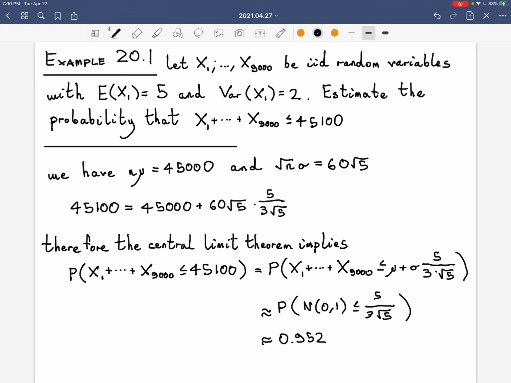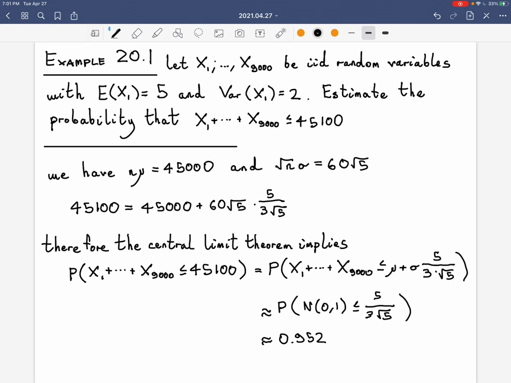Okay, so we can see this example of how we can use the central limit theorem to recapitulate the same form of calculation that we were using for the de Moivre-Laplace theorem.